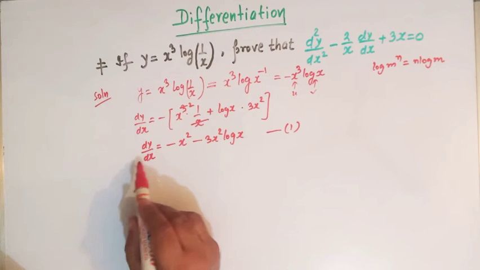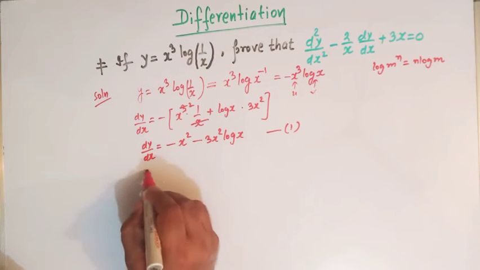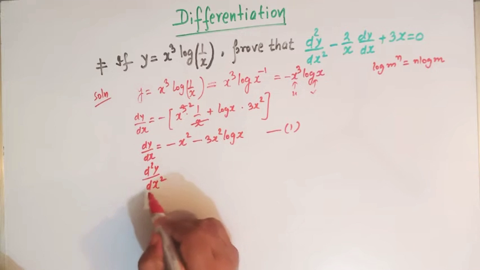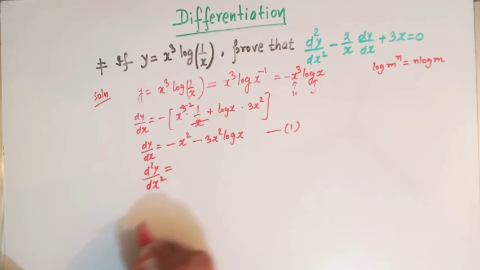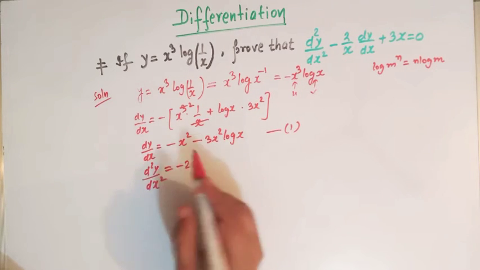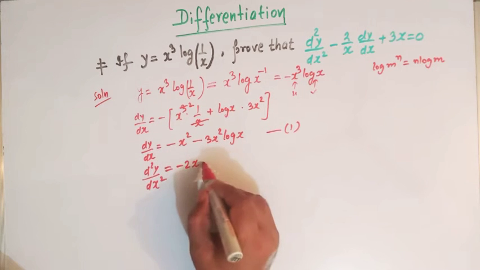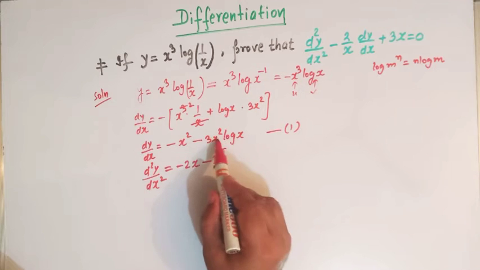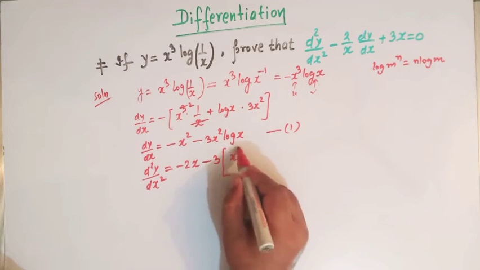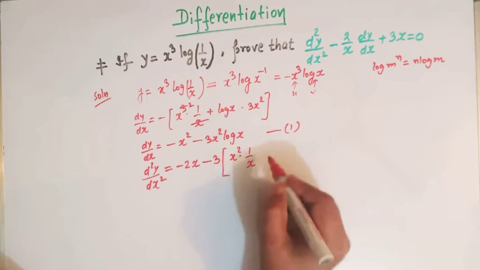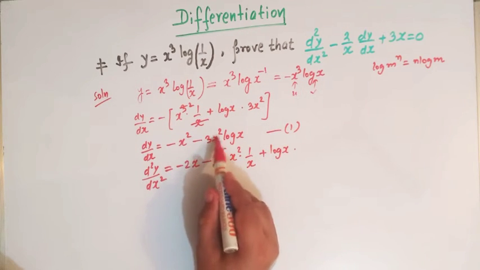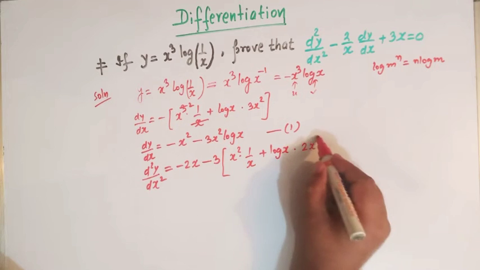Now again differentiating both sides, so the second derivative d2y over dx2 is minus 2x, the derivative of x square is 2x, then we have minus 3, and again we have the product of two functions, so this is x square times 1 over x plus log x times the derivative of x square, which is 2x.